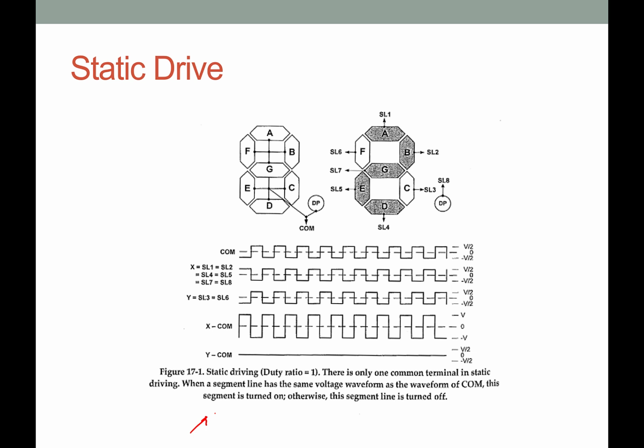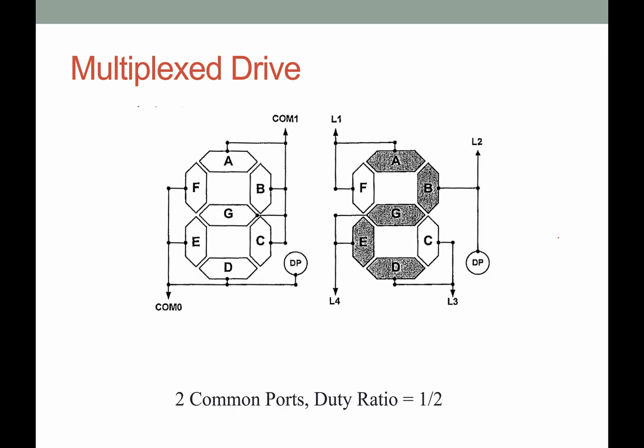Basically, this is a way to use a clock signal: a segment is on the entire time of the clock pulse, or it's off the entire time. If you change the duty cycle, you can get the same number of COM ports, but then you can switch which way things are turned on.